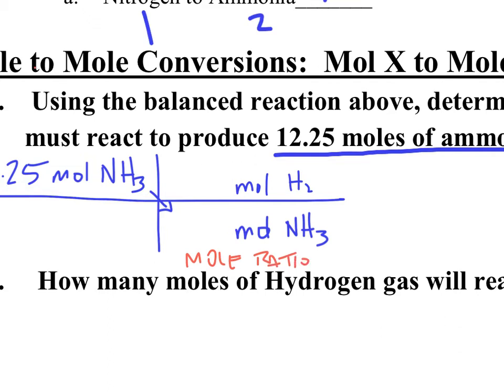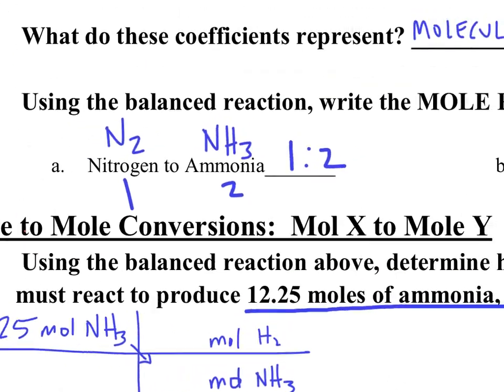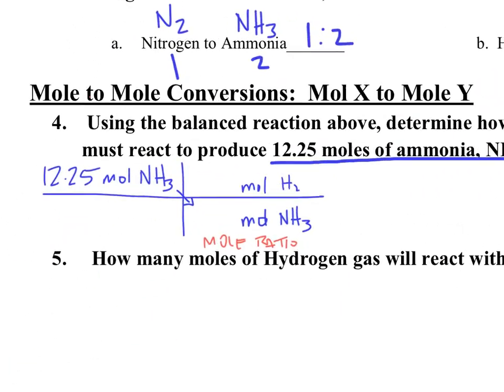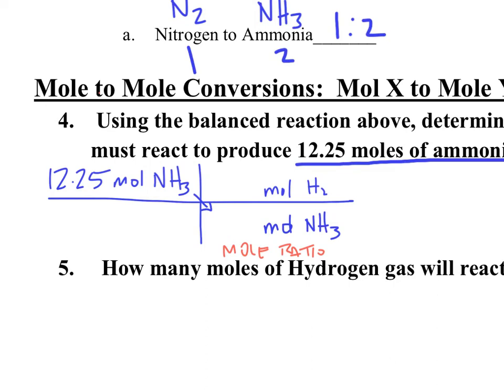So when I look up in my equation, find the coefficients for hydrogen gas and ammonia. So hydrogen gas, where am I at? Here we are. Hydrogen gas had a coefficient of 3. Ammonia had a coefficient of 2, so my ratio is 3 to 2. So that is what I transfer down here. 3 moles of hydrogen gas, 2 moles of ammonia, and now I calculate just like I've practiced before.